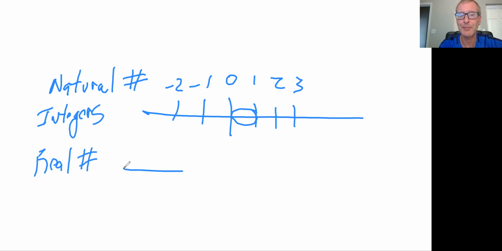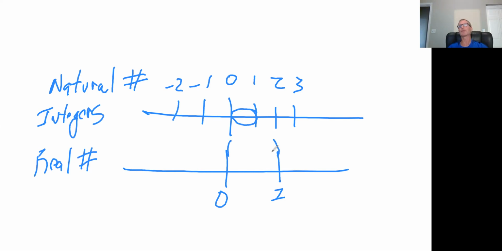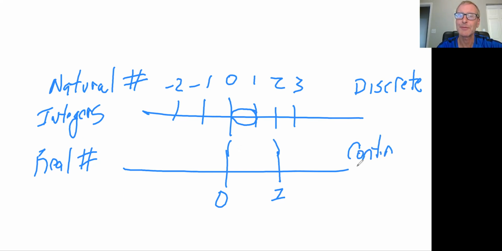And again, if we think about the number line, where here's the origin, and say, like I said, all the real numbers between 0 and 1, you really can't count those. I mean, you have 0, you have 0.1, 0.11, 0.111. You kind of get the picture. So that's what we mean: these two would be discrete up here, and this one down here would be continuous.